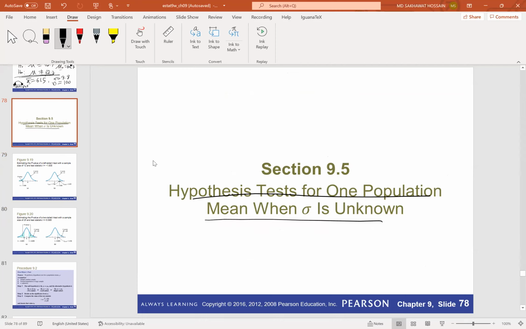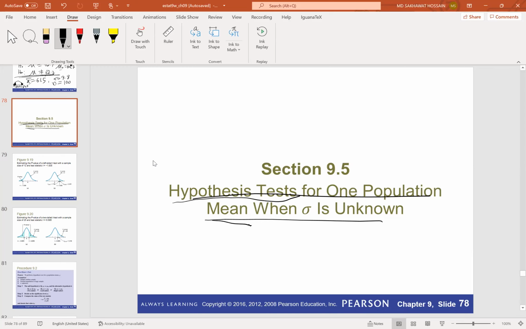Okay, so what is the difference between the hypothesis test in section 9.5 and the hypothesis test in section 9.4? What is the main difference between these two hypothesis tests? Do you see any difference? In section 9.4, we did hypothesis test for one population mean, right?